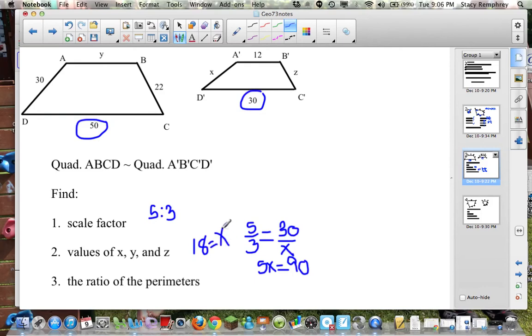For my y, again, I need y to 12 to reduce back to 5 to 3. Well, 3 times 4 is 12. So if I took the 3 and multiplied it by 4, I need to do that to the 5. So the y is 20. And the z, that's a little trickier, a 5 to 3, so I might need my proportion there.